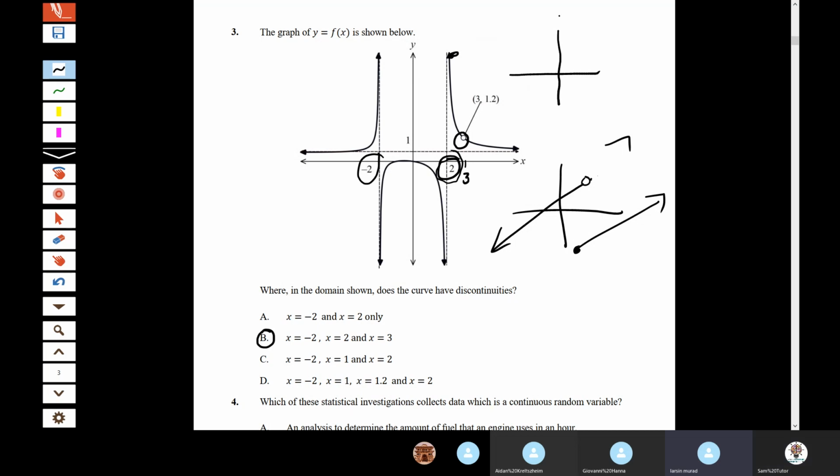No. Continuous or discontinuous? I want to say discontinuous. It has to be because the two graphs are not connected. So it discontinued somewhere, right in the middle here. So it's not continuous. The graphs have to be connected for it to be continuous.